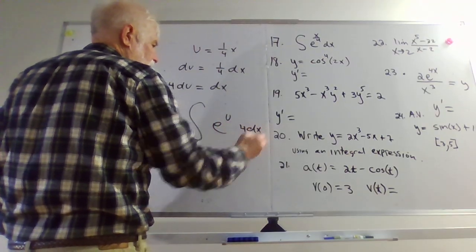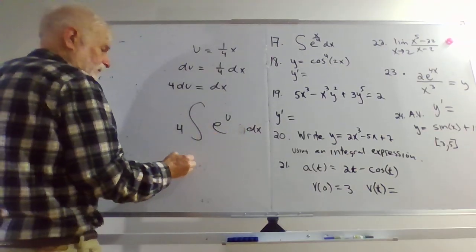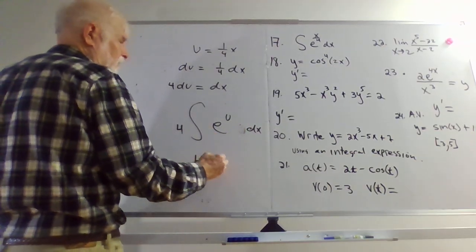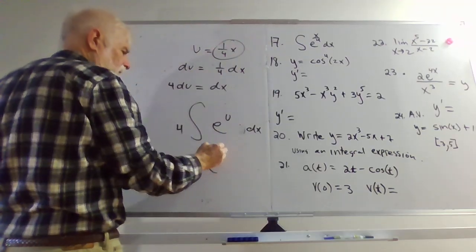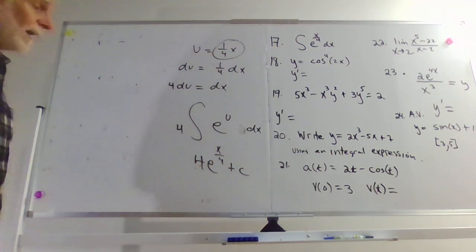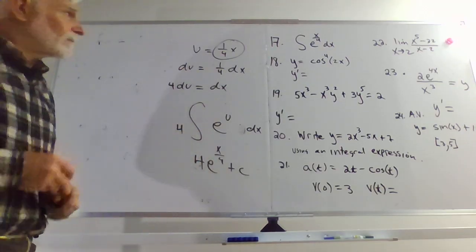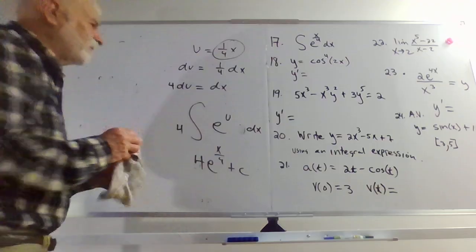That's all I have, so that 4 can come outside. And it looks like it's 4e to the u. Let's substitute u right now: 4e to the x over 4 plus c. Yeah, I didn't see multiplication by 1/4, I guess we got rid of it. Maybe that's getting a little easier to see.